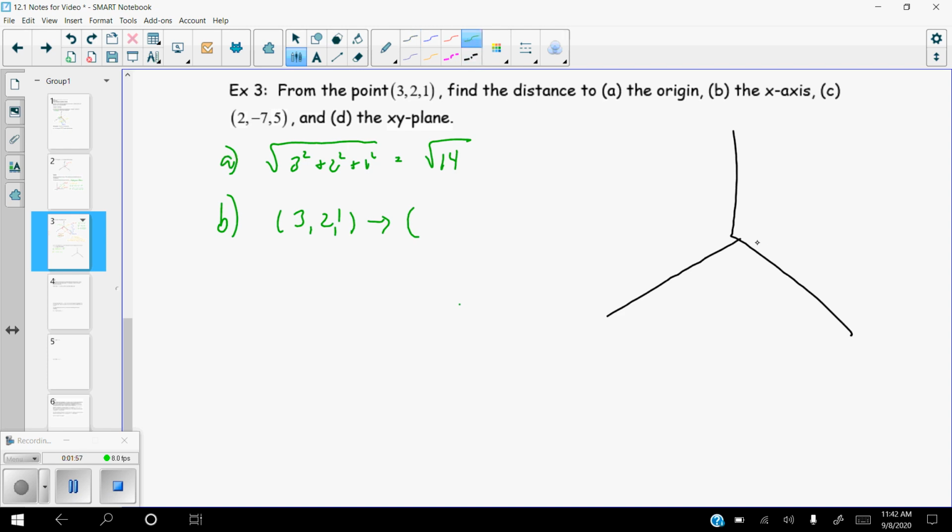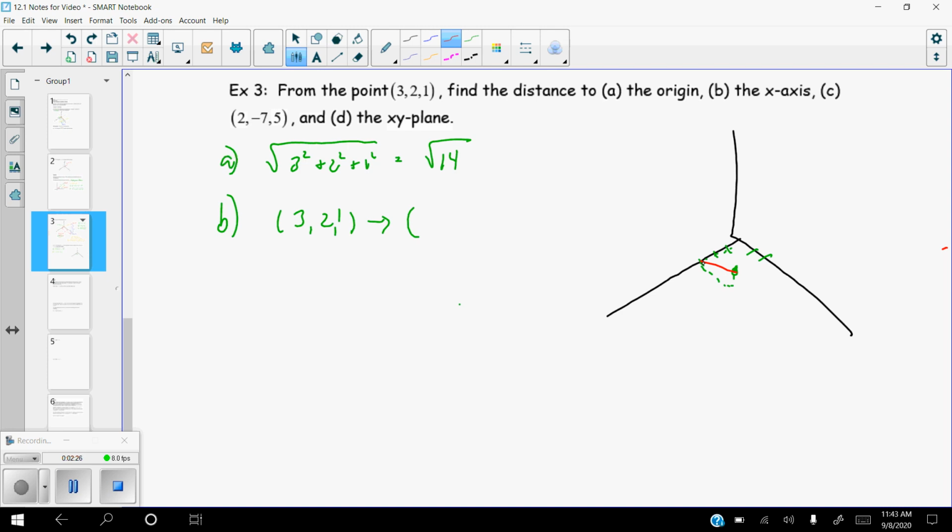We're going from the point 3, 2, 1: out 3, over 2, and up 1. So something like this. I'm going from that point to the x-axis. Hopefully what you can see here is, because the shortest distance from a point to any place is a straight line, it's going to go straight to there. That would be the straightest distance.